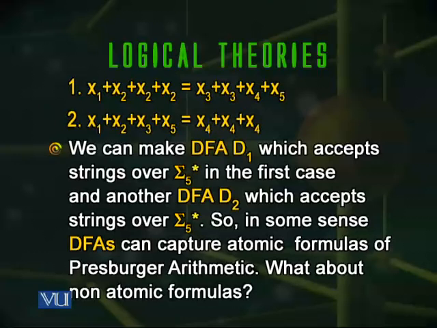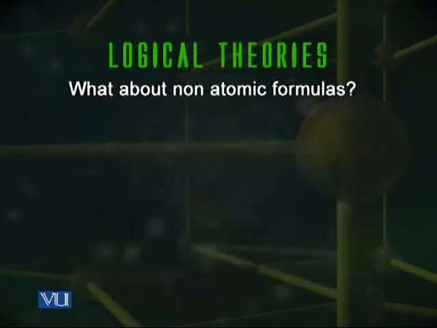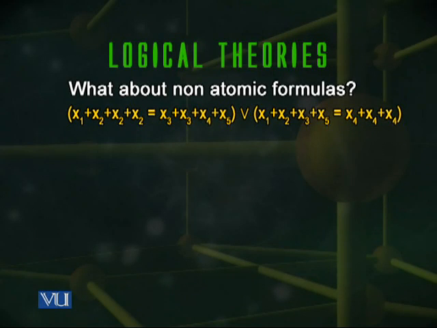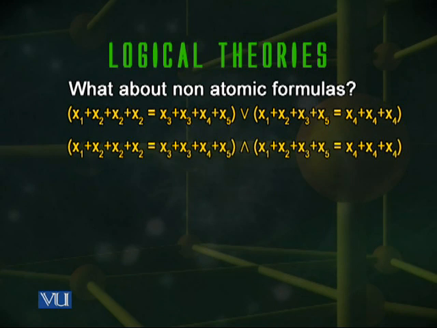So let's make a non-atomic formula which is made out of these two atomic formulas. One way to make a non-atomic formula is to take the first formula and OR it with the second formula. Another way is to take the first formula and AND it with the second formula.